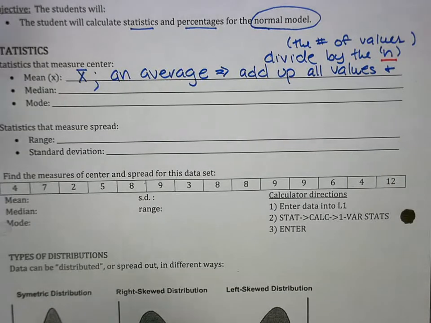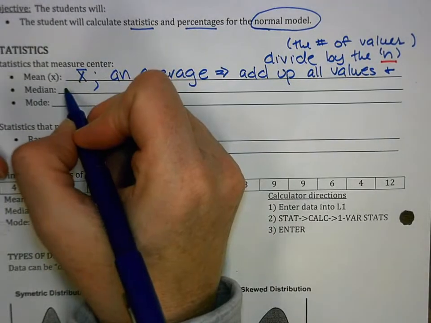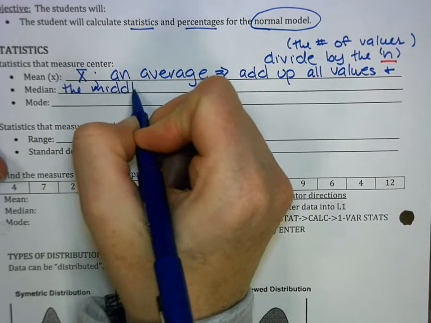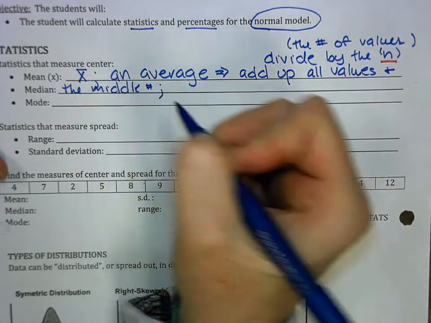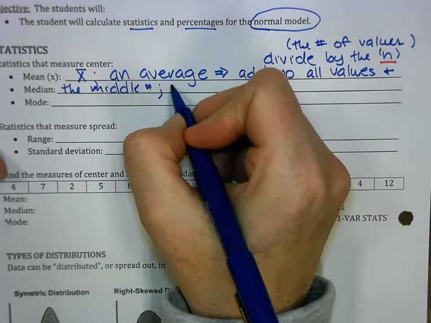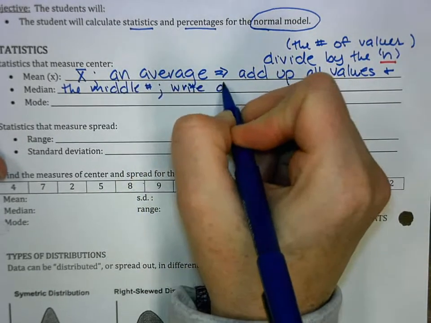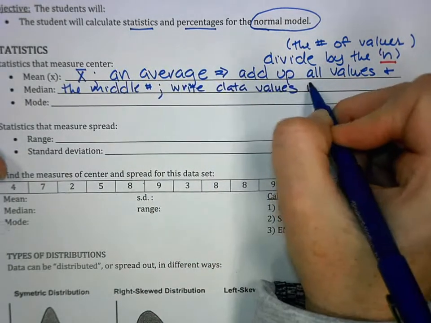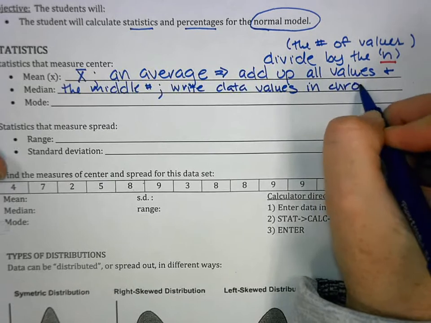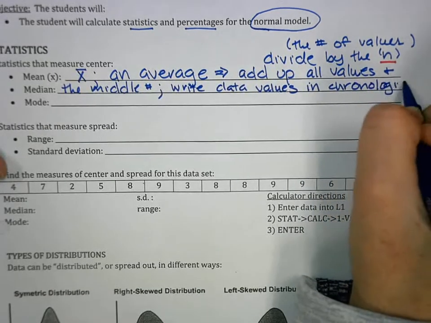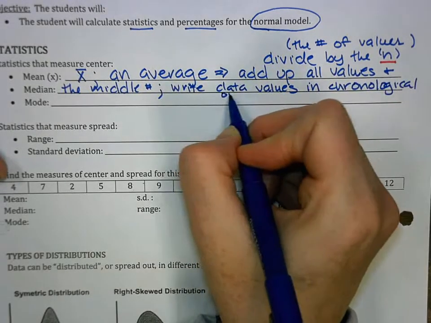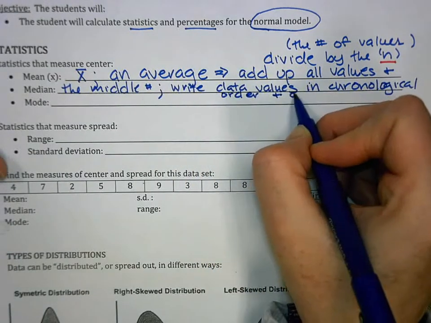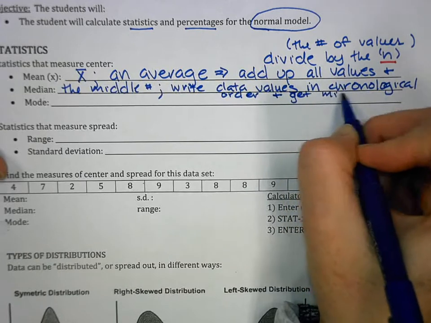Okay, median. Median is the middle. It's the middle number. How do we get it? Write data values in chronological order and get the middle value.